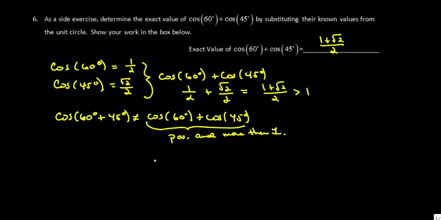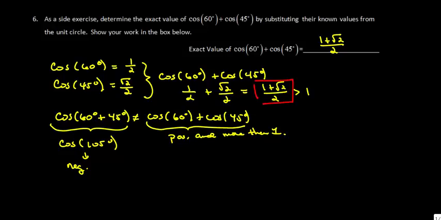So there's two things working against it. First, we know that this is the cosine of 105 degrees. We know this falls in quadrant 2, so it should be negative.